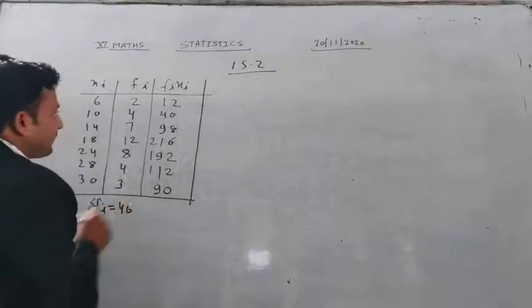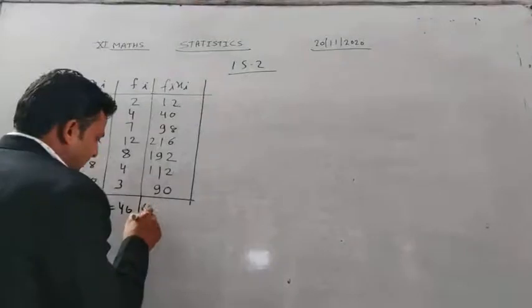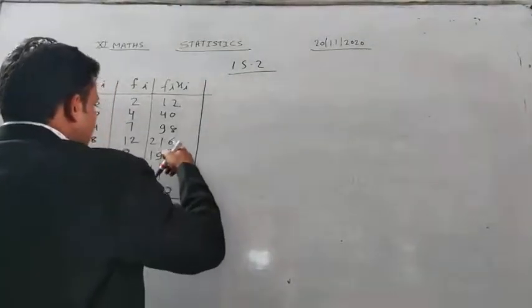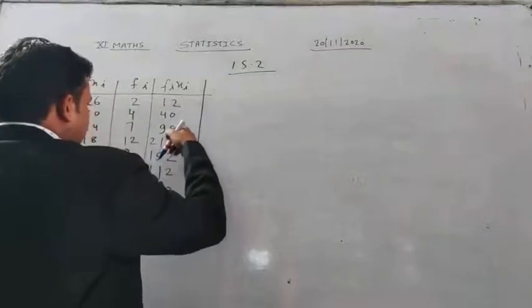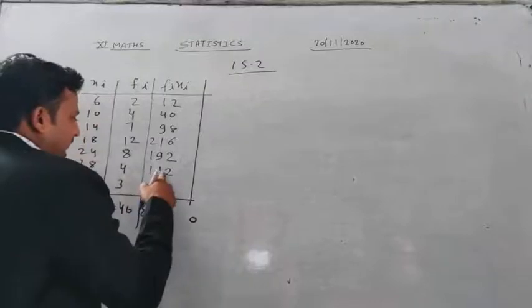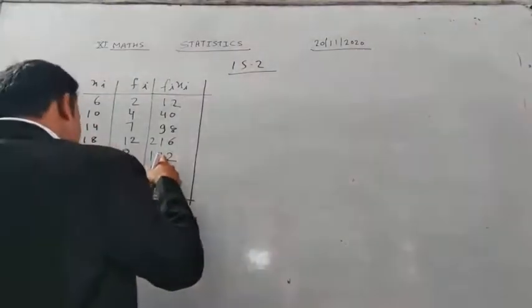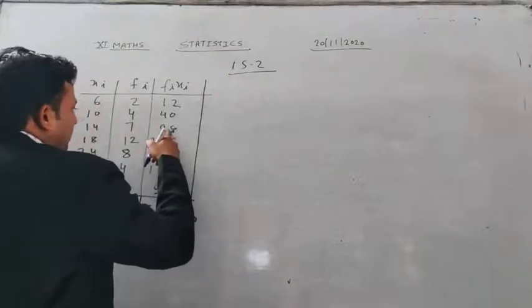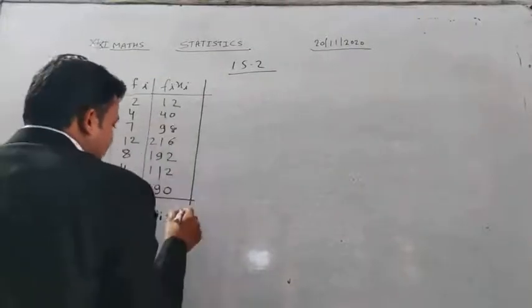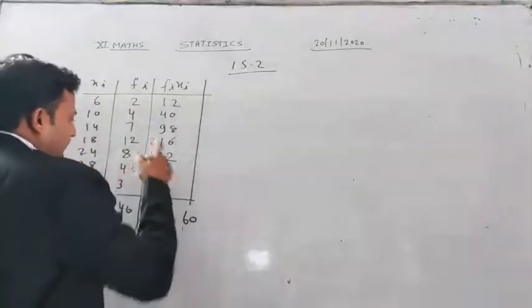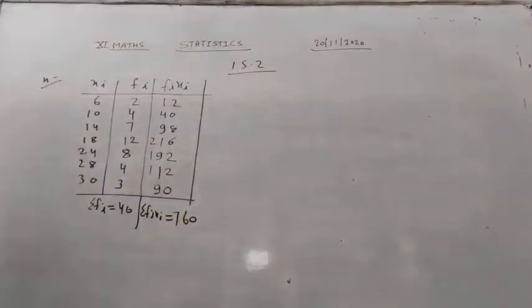This is 40, and summation fi xi we add up to get 760. So summation fi xi is 760.